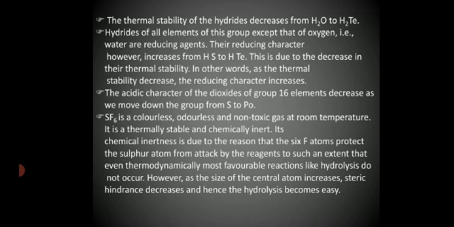Now elements of group 16 also form different types of oxides like monooxides, dioxides and trioxides. In case of sulfur we have SO, sulfur monoxide, which is unstable of course, then sulfur dioxide SO2, sulfur trioxide SO3, sulfur heptoxide S2O7.